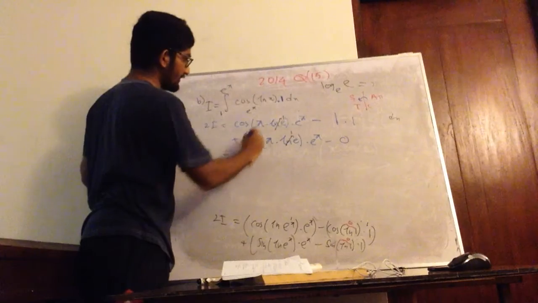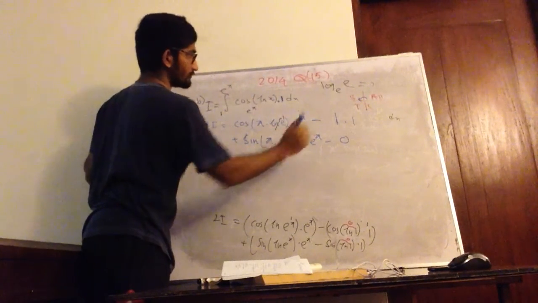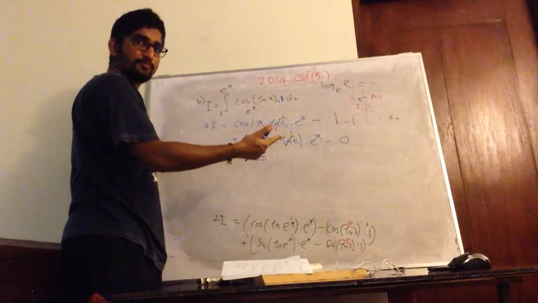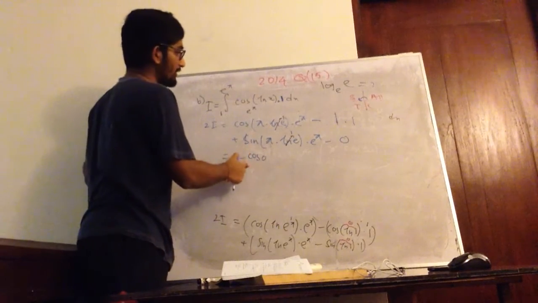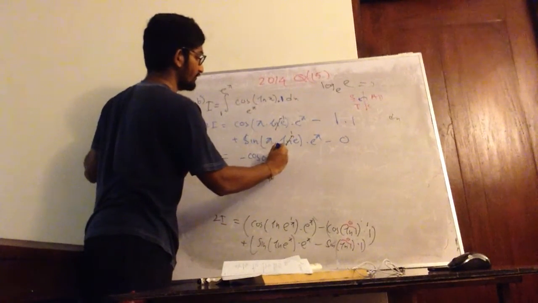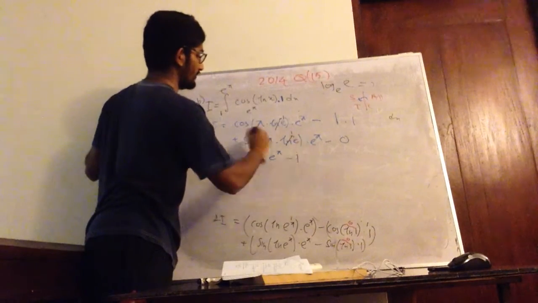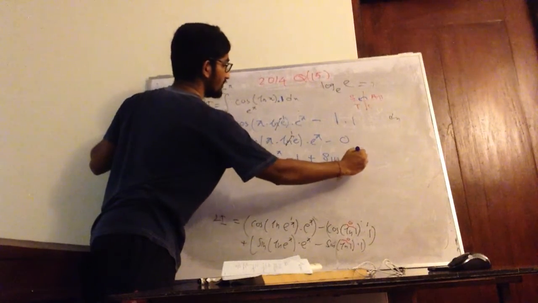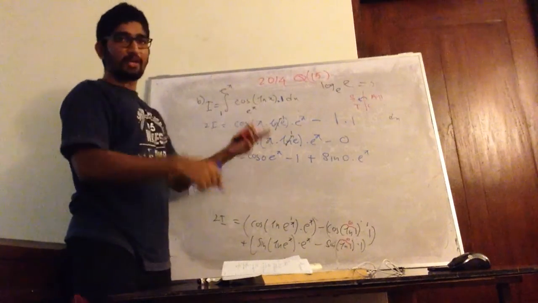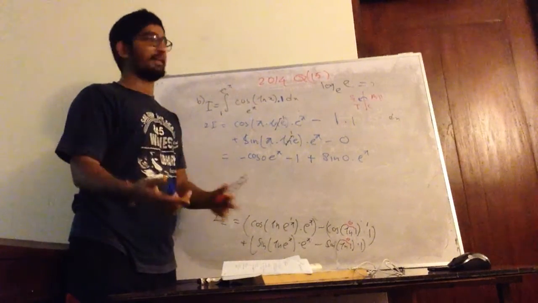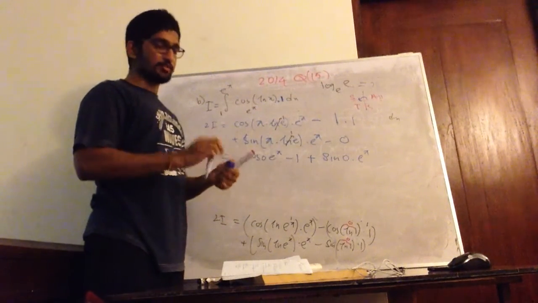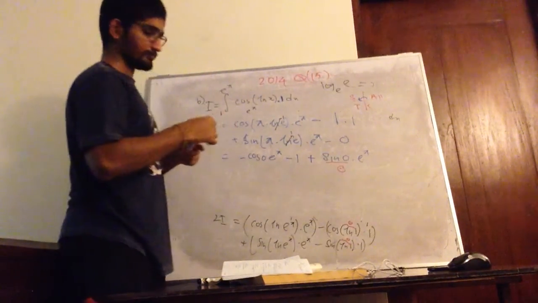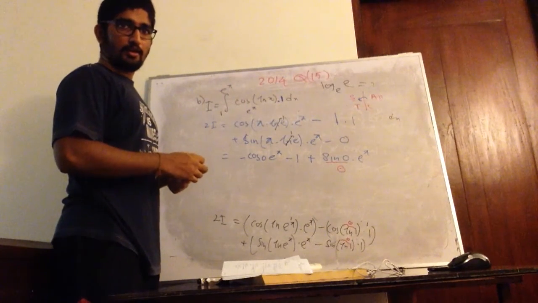So this is basically minus cos 0, because these two parts are 0, minus for π, minus for cos. So this will be minus cos 0 e^π minus 1. This will be plus sin 0 e^π. Right? Or if we take π minus 0, it doesn't matter, because sin 0 is 0.